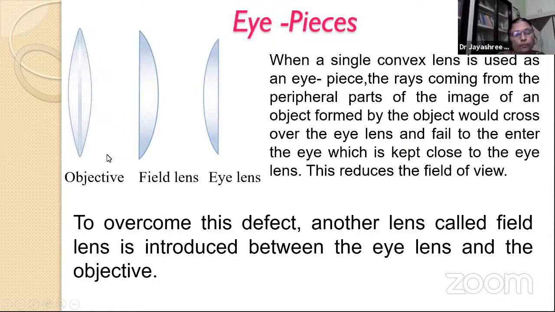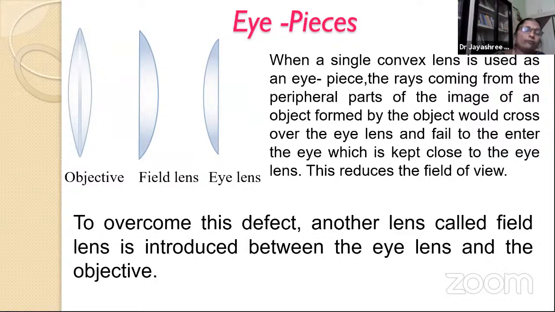What is the importance of the objective lens? We know the magnification power of a simple microscope. There are varieties of microscopes. The magnifying power of a simple microscope can be increased by decreasing the focal length of the lens.